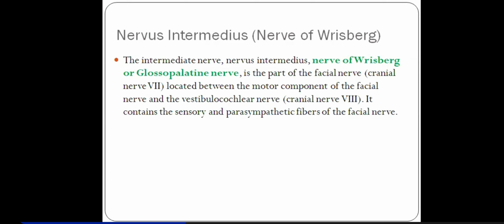Okay. Anyways, now the nerve of Wrisberg we're talking about is the intermediate nerve, nervus intermedius, and another name you can call it is glossopalatine nerve. Now think about why glossopalatine nerve. Because it's a sensory nerve, so it's bringing taste sensations mainly, right?